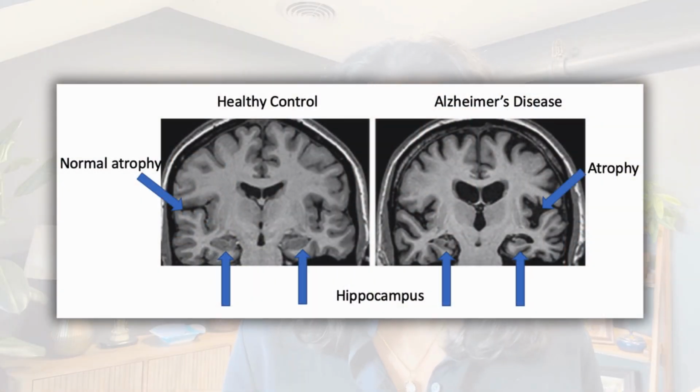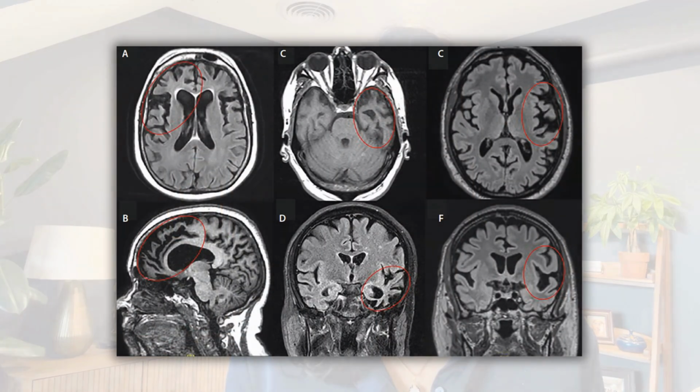So for a very basic example, an Alzheimer's type dementia will have shrinkage in the hippocampus and in the temporal and parietal lobes. In a frontotemporal dementia, just as the name suggests, the shrinkage will be in the frontal and temporal lobes.